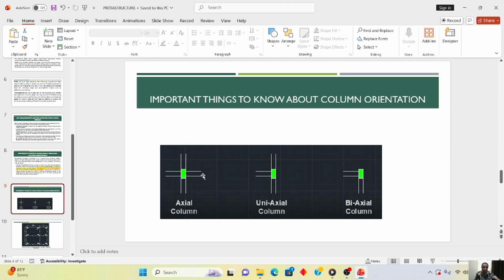Like if you look at this, we have a beam here, another here, another here, and another here. All of these beams are of equal length, so the dimensions are the same, and they are exerting the same compressive force on this particular column. That makes it an axial column, meaning that there will be no bending because each of the forces being brought by each beam is countered by the other beam.